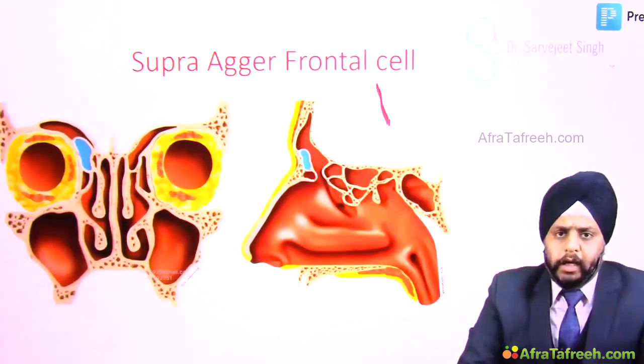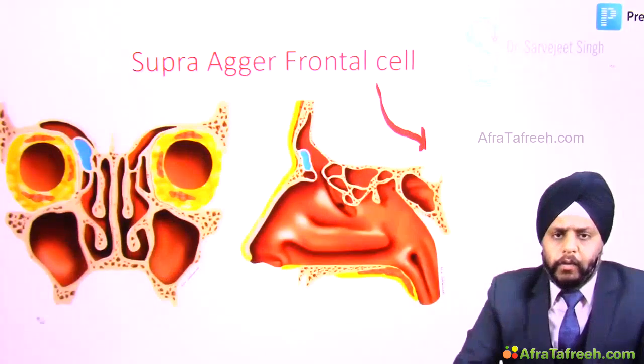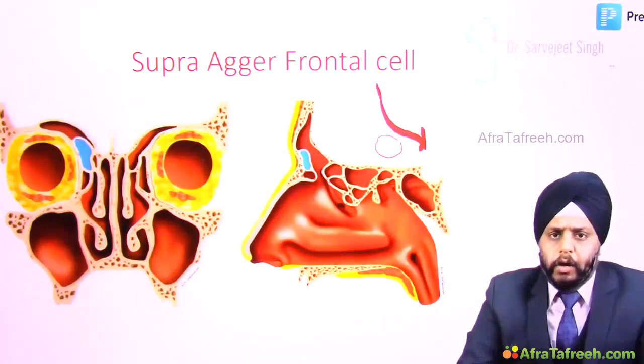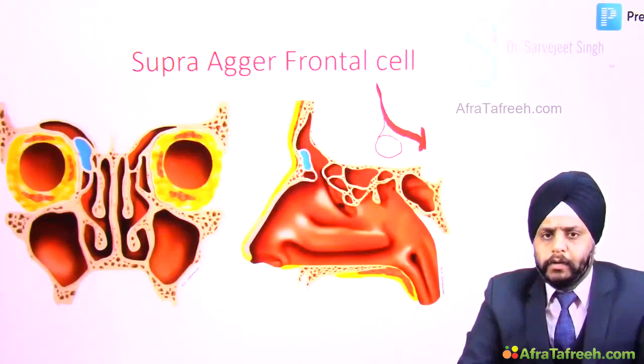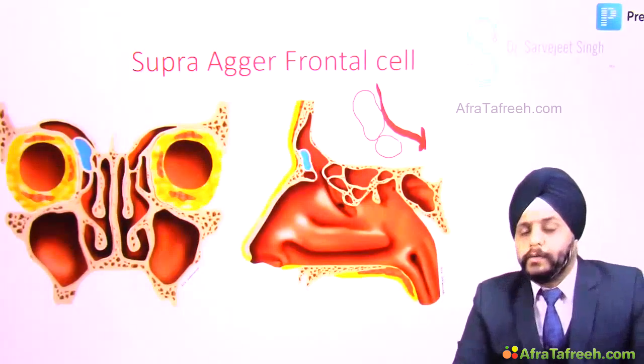So once again, if this is the drainage pathway of the frontal sinus, and we had one cell over here which we called the agger nasi cell, now the supra-agger frontal cell has gone into the frontal sinus.